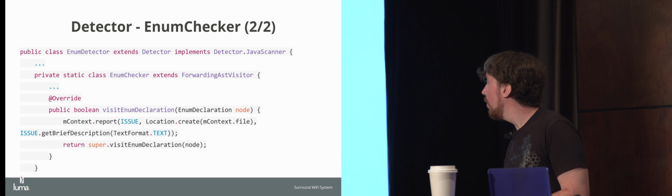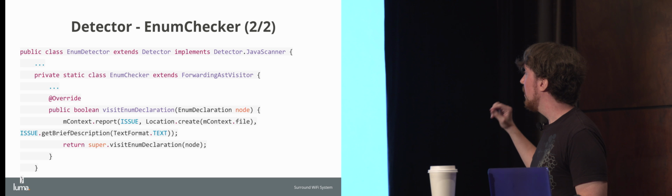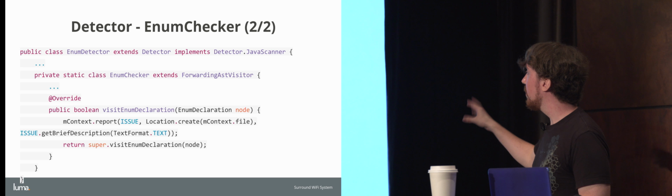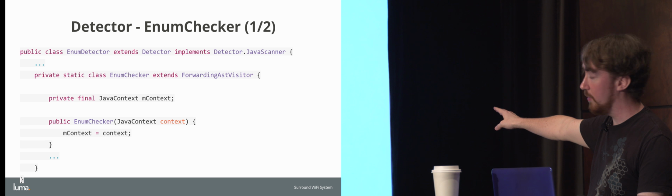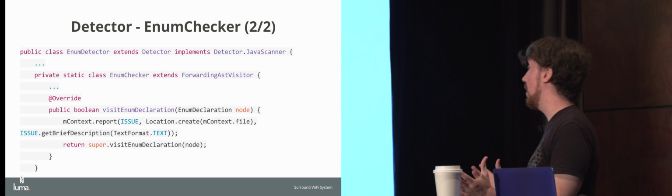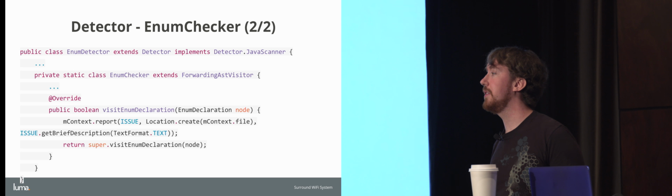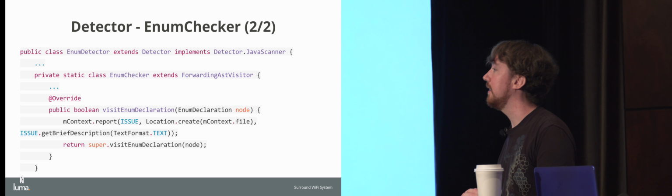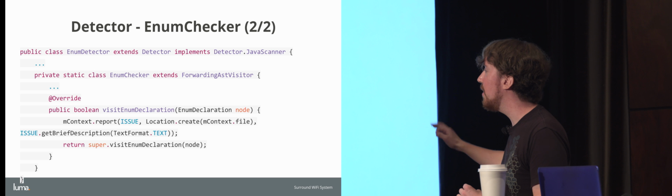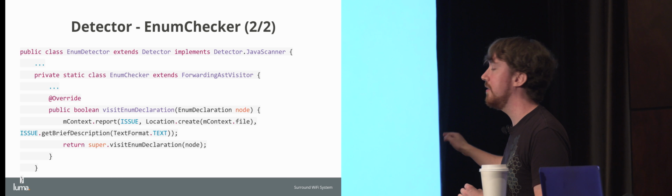So with this visit enum declaration, all we're going to do is say, based on this context that we saved on the previous slide, that Java context that we held on to, so based on where we are, I'm going to use the report method. And that report method is you saying to lint, hey, I found it. I found the issue. Here it is. And we're going to pass in the issue that we found, whatever it may be, a location for that issue, which can be specific.